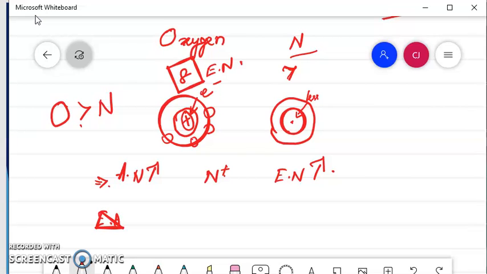That is why oxygen has a higher electronegativity than nitrogen.